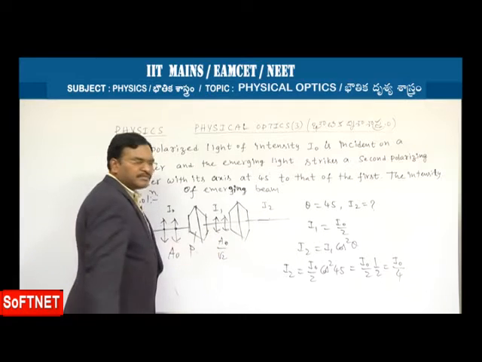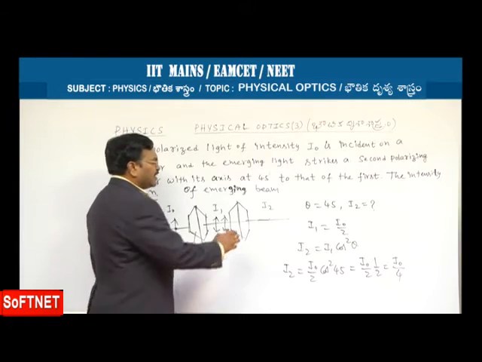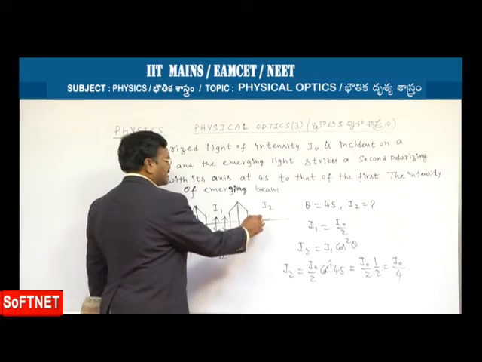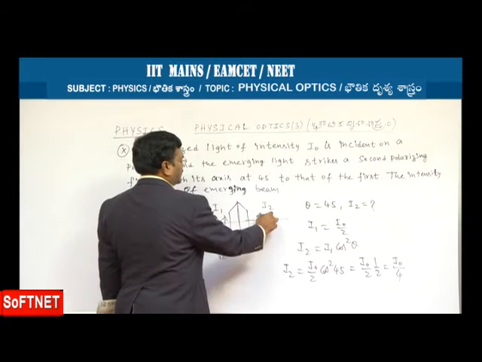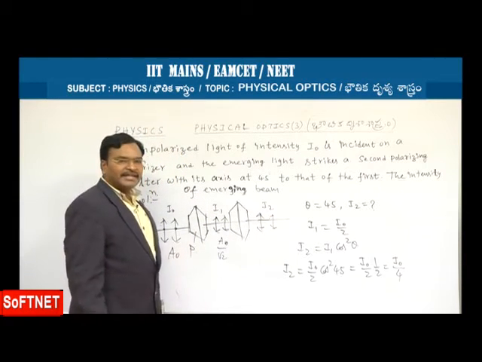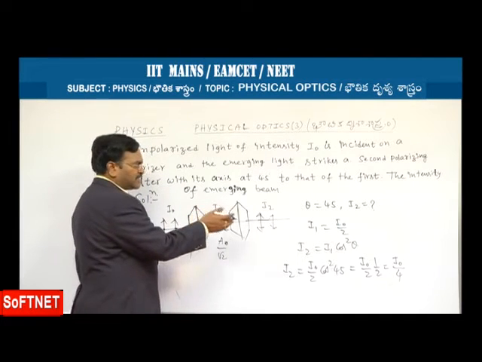For the present problem we need intensity only, not amplitude. In the examination there is no need to draw diagrams, so directly do it. For understanding purposes only I am drawing diagrams.